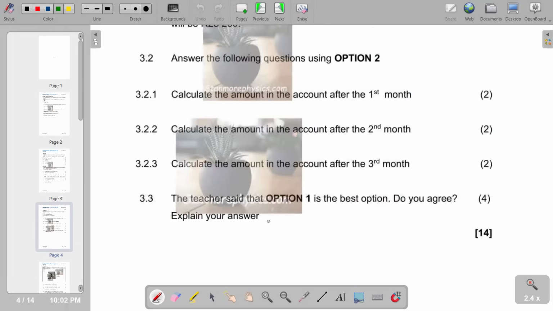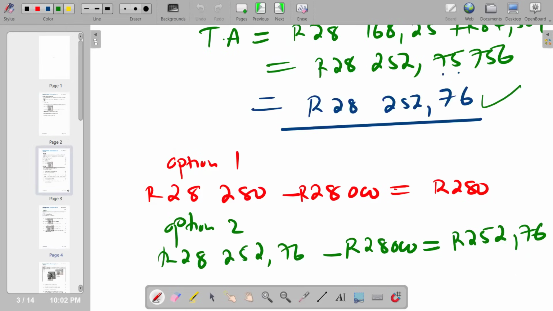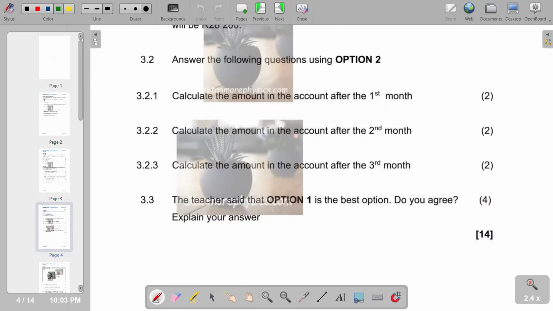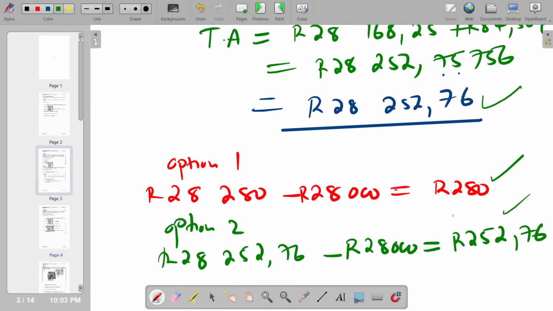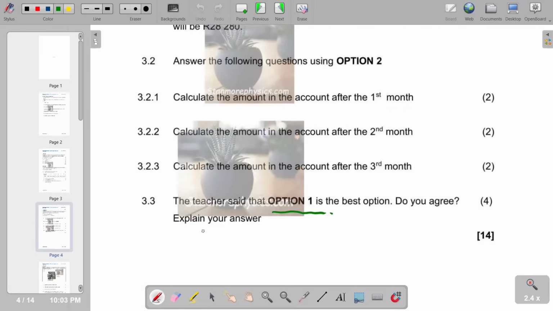It says explain which option is better. So according to what we have, option 1 has a greater interest amount than option 2. So option 1 is better. Going back to the question, the teacher said option 1 is the best. So of course, option 1 is the best. Why? Because we are having more interest on option 1 than option 2. So in our comment, we are saying, yes, the teacher is correct.